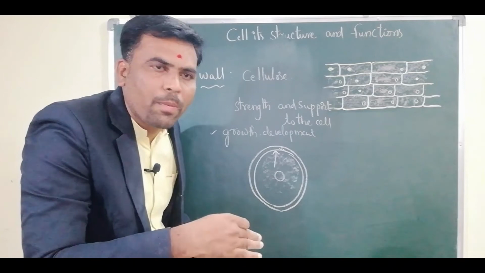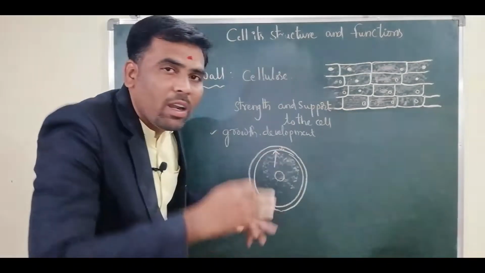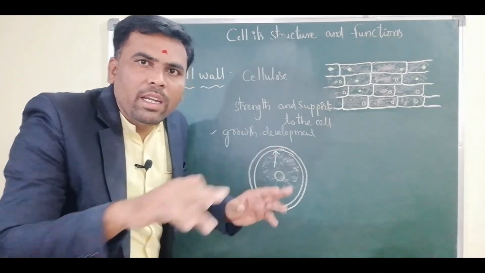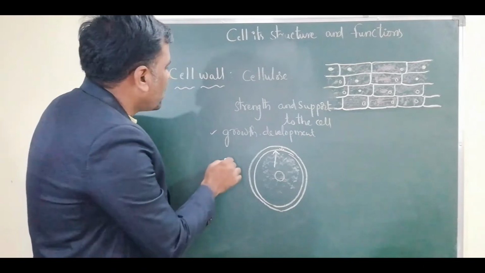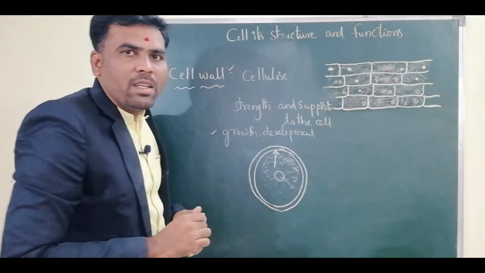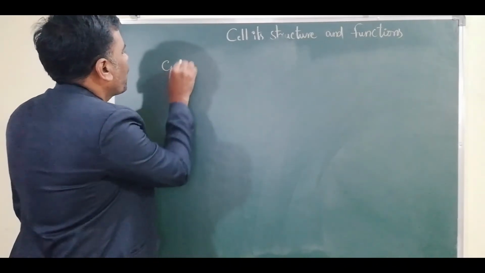The cell sap tries to exert outward pressure, but the cell wall exerts inward pressure and gives the cell a definite shape. So these are the major functions done by the cell wall. The next, cytoplasm.